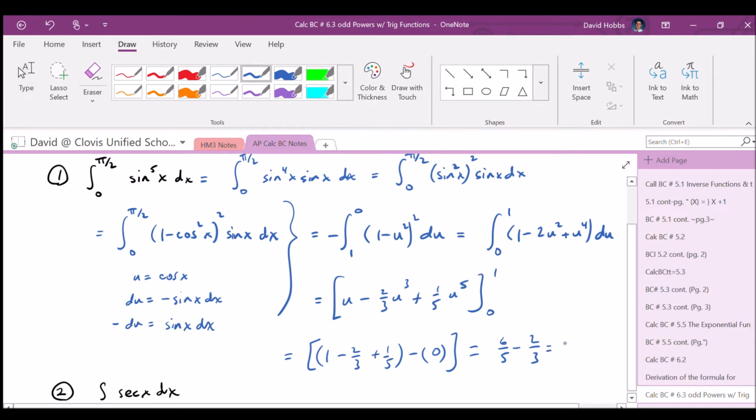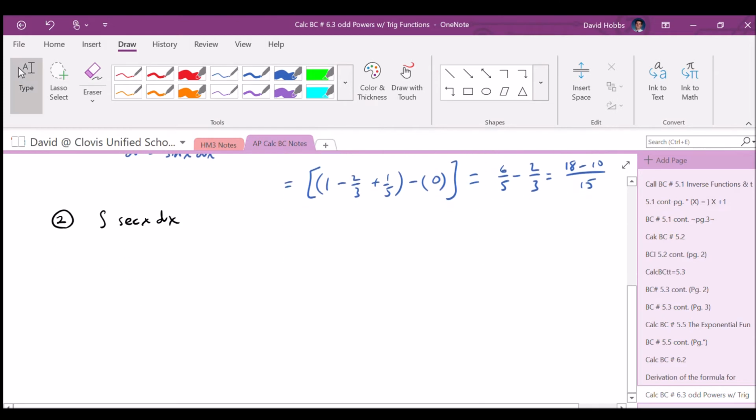And finishing that off, we would have 18 minus 10 over 15, which is, and I don't want to go down to the next problem because I'm running out of space here, so I'm going to go up, and so that's 8/15.